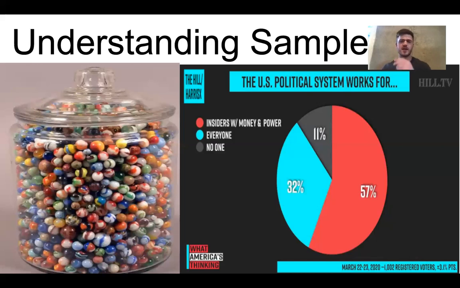So here's another example. We've got a poll of random voters, 1,002 registered voters, right? 57% say insiders with money and power are what the political system works for, okay? What we don't necessarily understand, especially if we're not in the field of research, is whether 1,002 is an adequately large sample size, right?